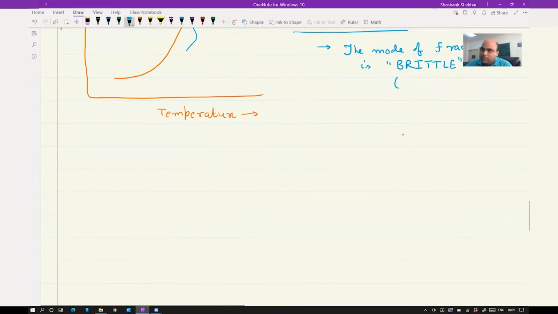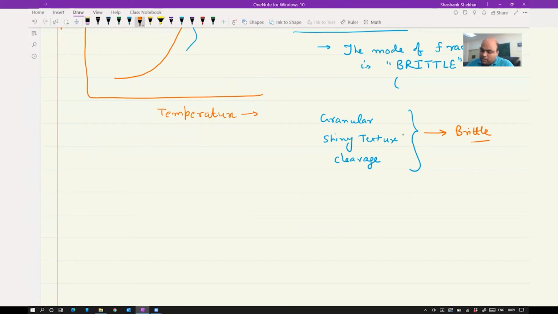Okay, so if your fracture surface is granular, it shows shiny texture and cleavage. These characteristics are for brittle behavior.